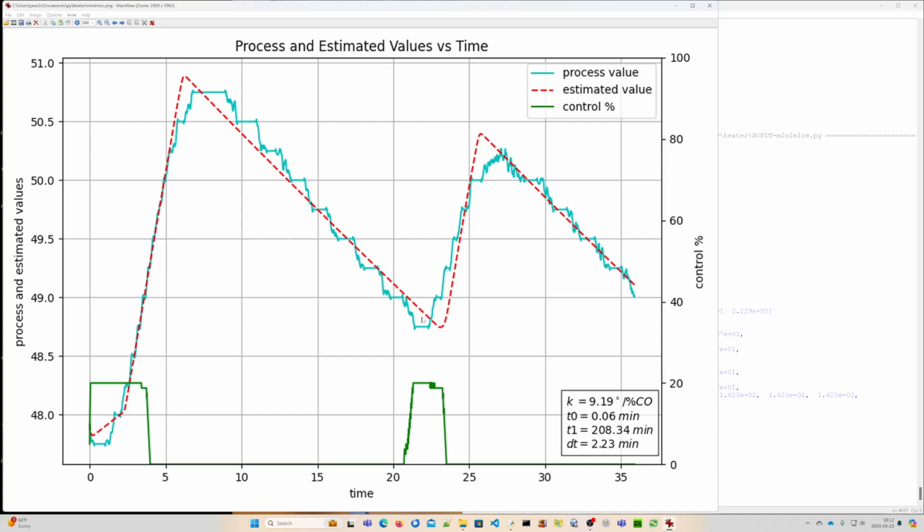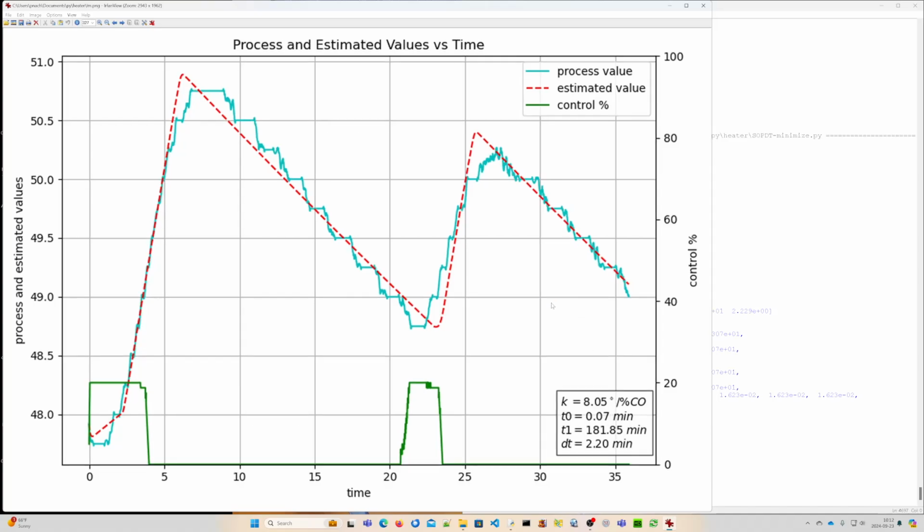It's almost in a straight line, and so basically what that's telling me is the time constant is very, very long. And you can see the dead time is about 2¼ minutes, so it's not real short, but it's very short compared to the first time constant. So what that means is that I really should have used a first order plus dead time model.